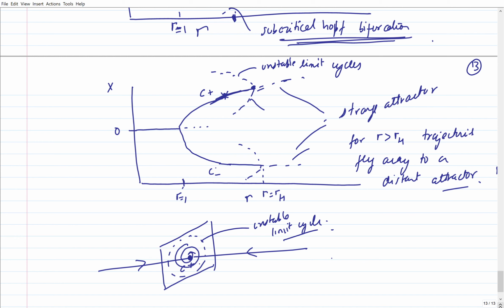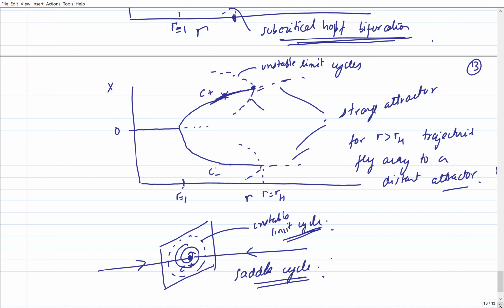So this is a kind of unstable limit cycle, which I can also call a saddle cycle. This is a new type of unstable limit cycle that's possible only in phase spaces of 3 or more dimensions.